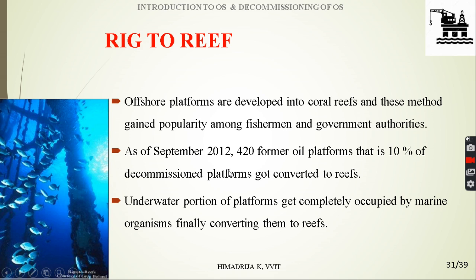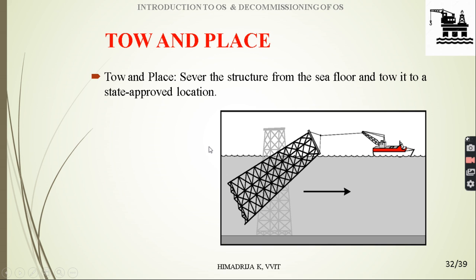As of September 2012, about 10% of the decommissioned platforms were converted into reefs, so that the aquatic life returns to the normal state. These are some methods used before the rigs to reefs method, that is, tow and place. In this, we lift up the structure and place it in a suitable area such that the aquatic life is most suitable, or it will help with navigation.